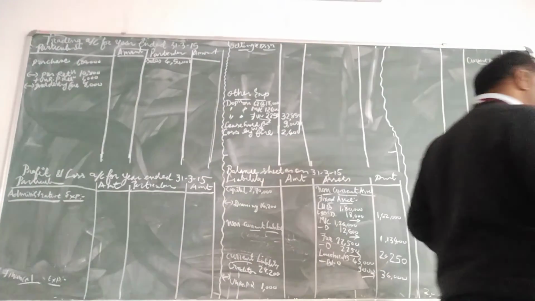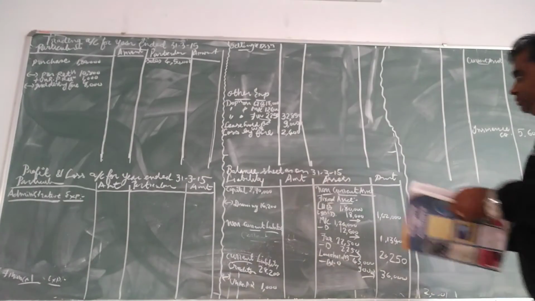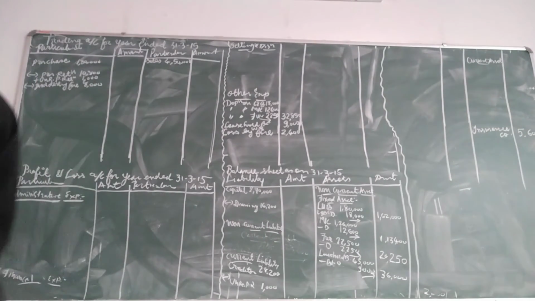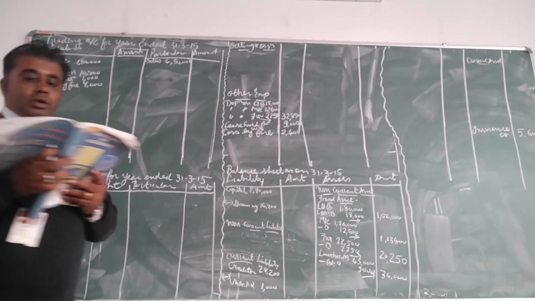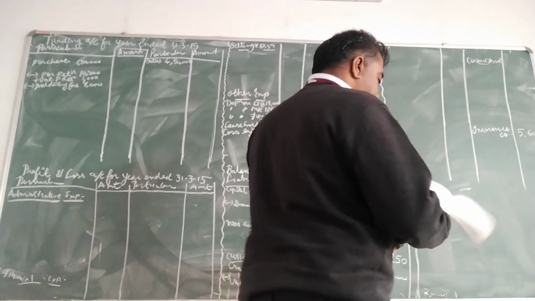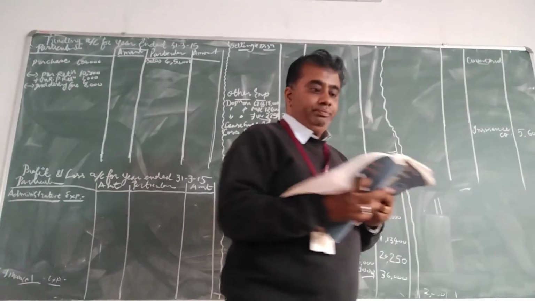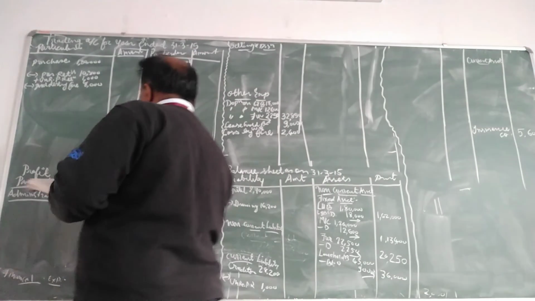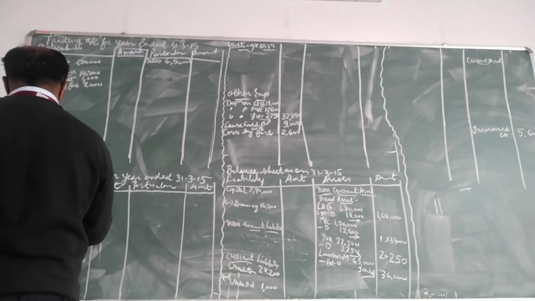Okay, students. Then next. Credit purchase of 6,000 is unrecorded. Adjustment number 4. Credit purchase 6,000 unrecorded. So we record it. Credit purchase 6,000.